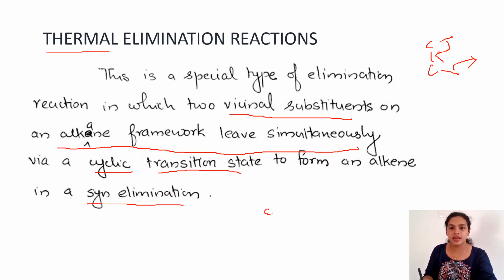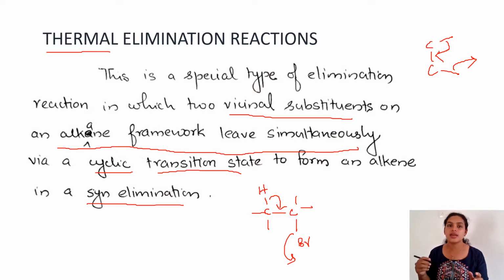In the case of anti-elimination, we have seen in the E2 mechanism that one hydrogen and Br, for example, is an example of anti-elimination, because the substituents getting eliminated are on the opposite sides or opposite faces.